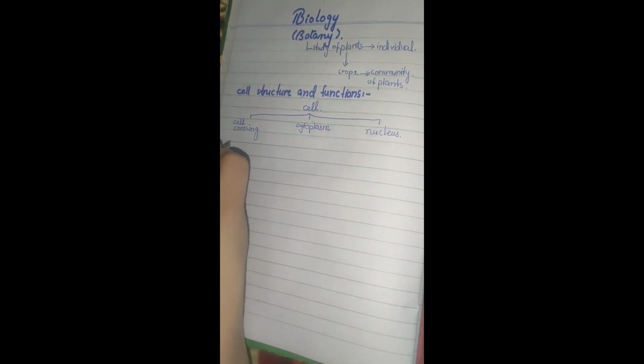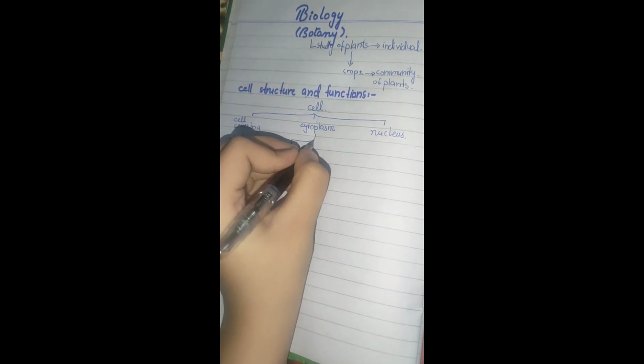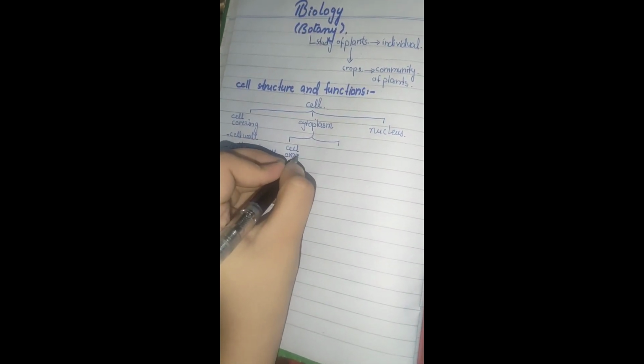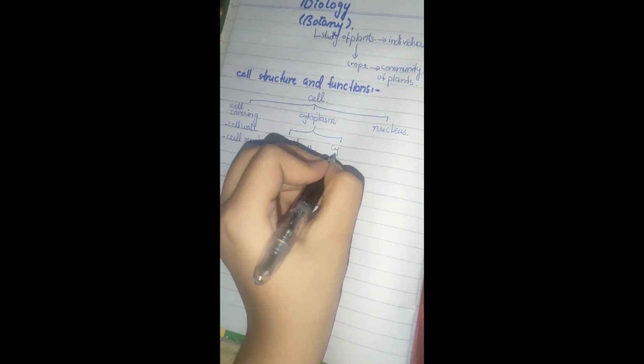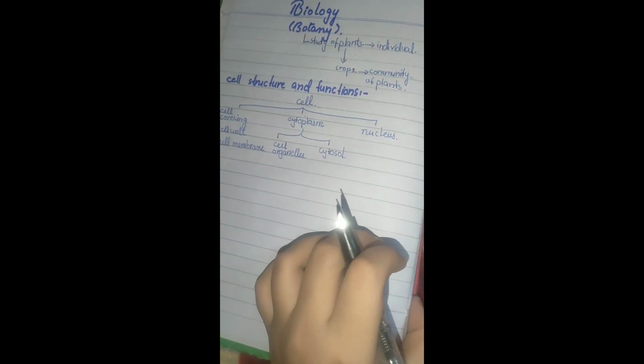Now you can see that in the cell covering we have the cell wall and cell membrane. The cytoplasm is again divided into two parts: number one, cell organelles, like endoplasmic reticulum, Golgi bodies, vacuole, and different other organelles. The other is cytosol, which is the jelly-like substance present in the cytoplasm.